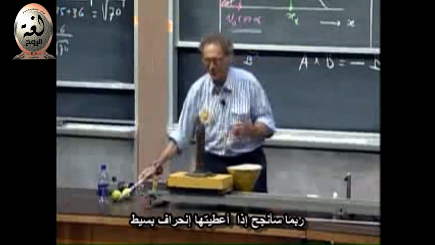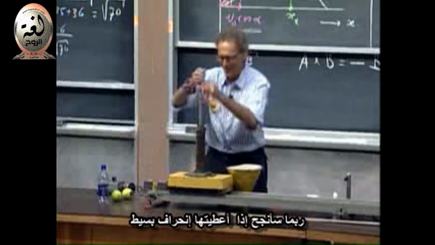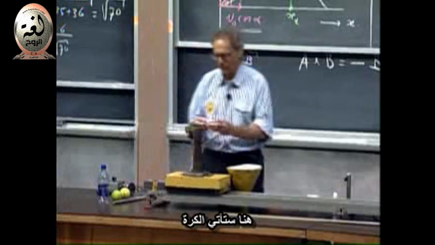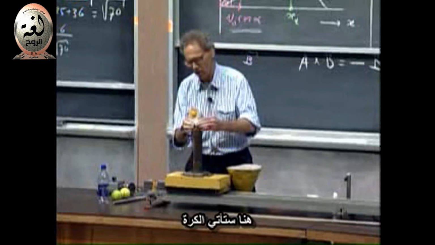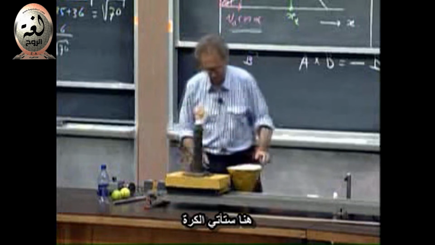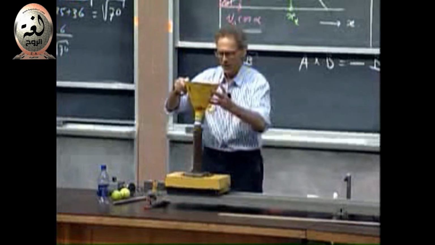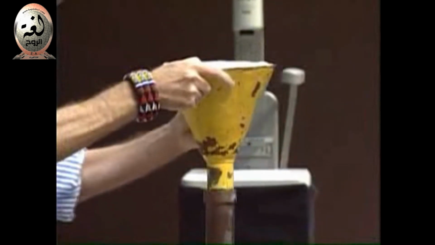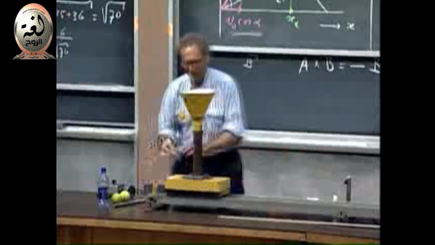Well, since it's only reasonably close, perhaps it would help if we give it a little bit of leeway. There goes the gun. Here comes the ball. And this is just in case. Tape it down.